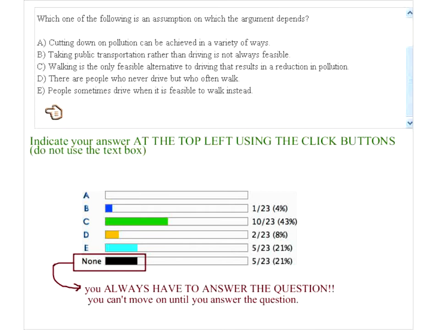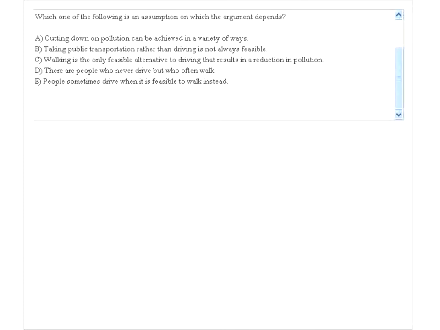Well, let's take a look at C, mostly C versus E, because those are the two most popular choices. Remember, an assumption is a statement that you absolutely need. Okay, let's take a look at C. C states that walking is the only feasible alternative to driving that results in a reduction in pollution.